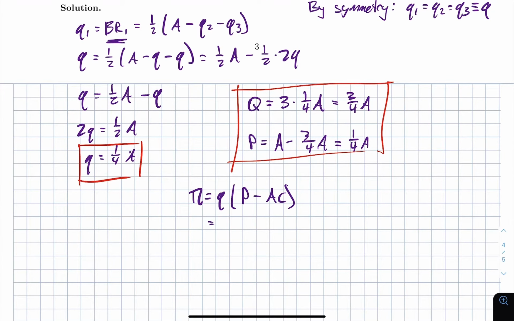Quantity is 1/4 A. Price is 1/4 A. So just to expand this, we have 1/16 A squared minus 1/4 A. Something looks wrong here. So when we write this out, we end up getting 3/16 A.